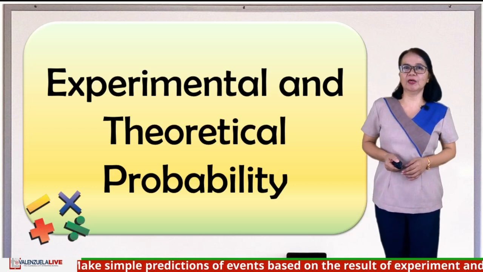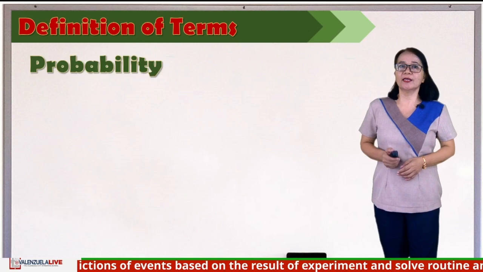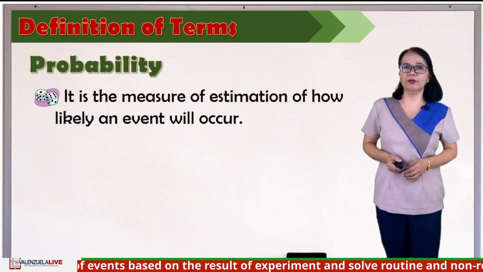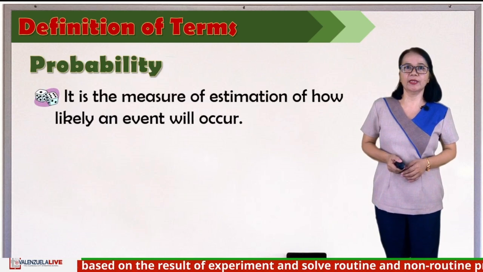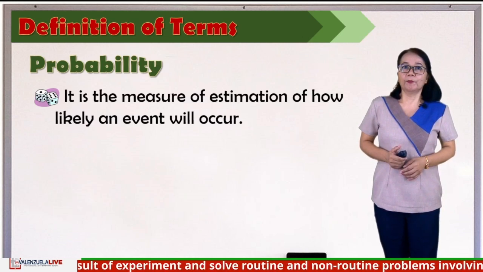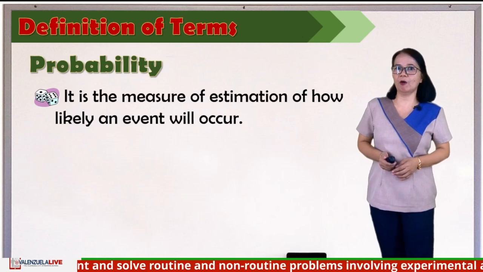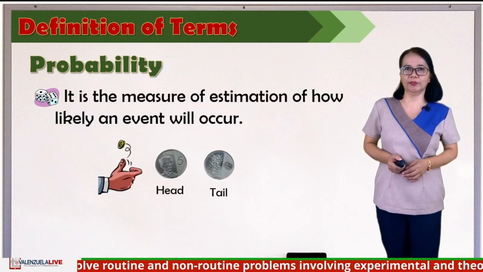Before we start with our discussion, let us first define some words that we may encounter along the way as we talk about our topic. Probability. It is a measure of estimation of how likely an event will occur.